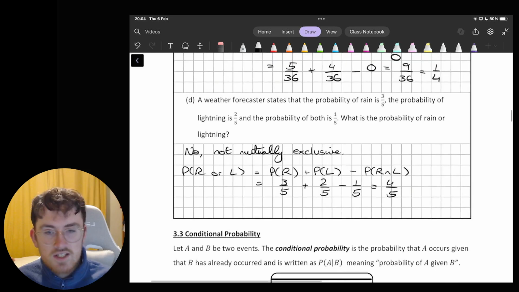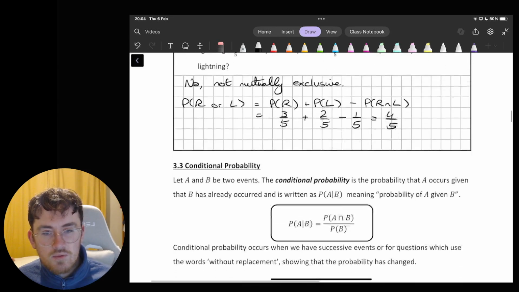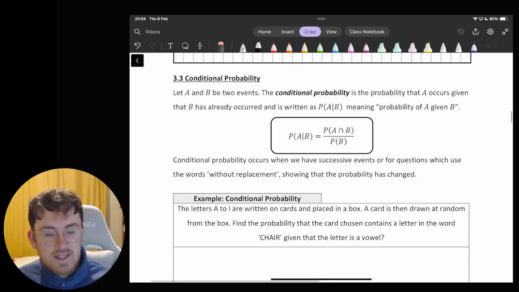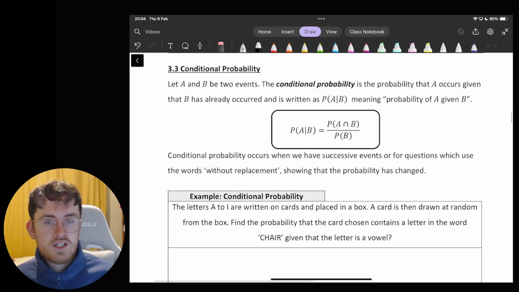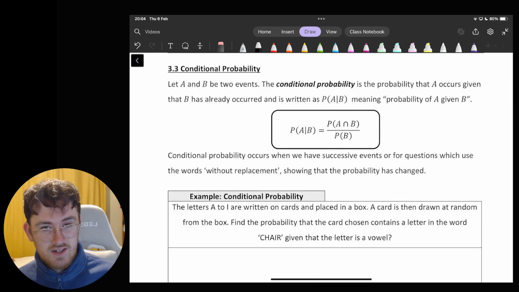Okay, so mutually exclusive means two events that can't happen at the same time. If they can happen at the same time, they are not mutually exclusive, and we need to consider the probability that they do happen at the same time. So we're going to continue onwards and look at conditional probability. Conditional probability is the probability of one event happening given that another event has already happened.